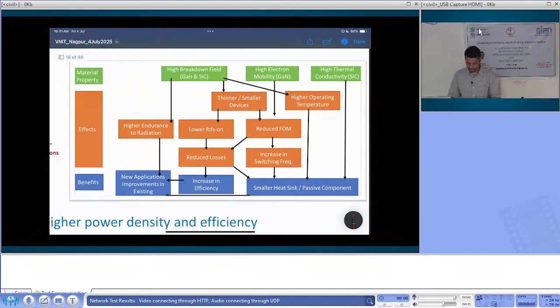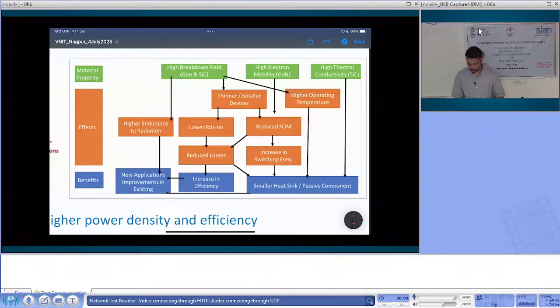This one we have already sort of seen: higher breakdown voltage. The green ones are the material property, the orange ones are the phenomena or the effect, and finally the benefits. Not going through the table, but roughly, as you could see, they have lower resistance, so lower loss, and require lesser heat sink.